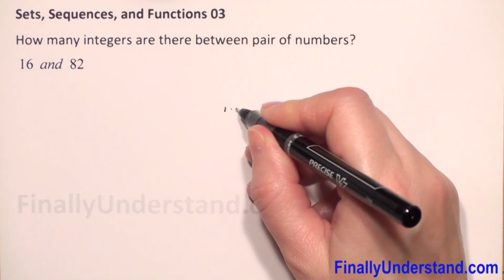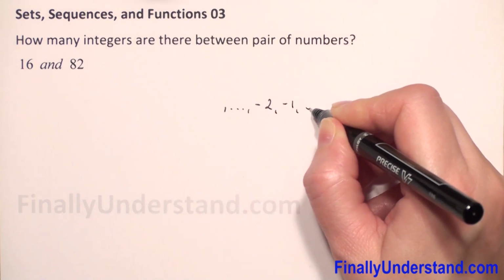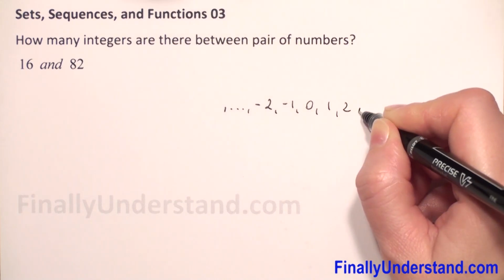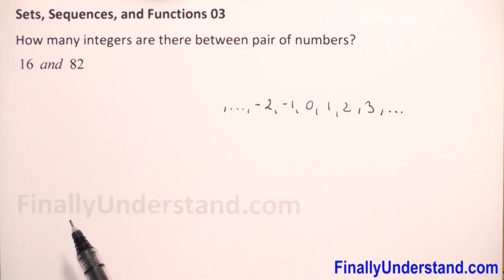We know that an integer is one of the numbers in the list. Let me put this. We have these numbers from negative infinity: negative 2, negative 1, 0, 1, 2, 3. So to find out how many integers we have between 16 and 82, we can list them all and then count, but it will be too long a way.